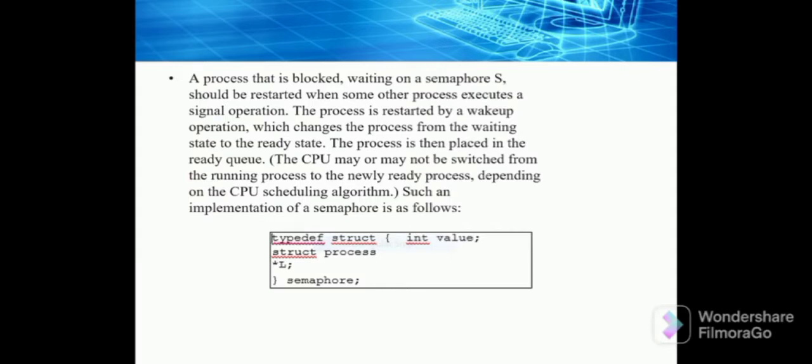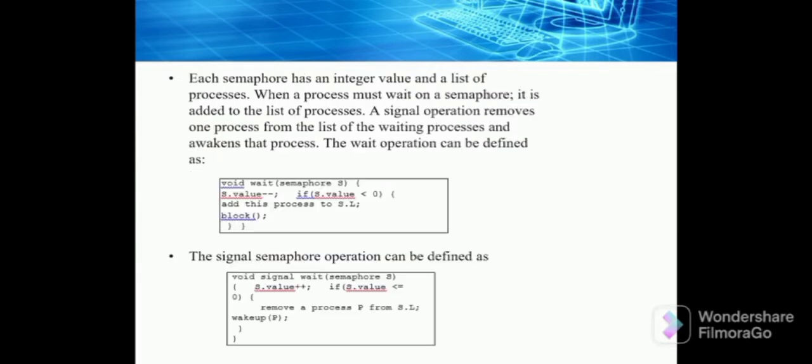The CPU may or may not be switched from the running process to the newly ready process, depending on the CPU scheduling algorithm. Such an implementation of a semaphore is as follows. This is the code that we are going to execute.